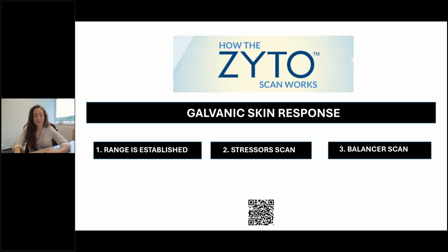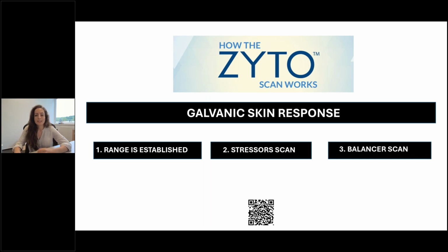Based on the observation, we can then show you a list of those products that your body is responding very positively to, or that your client's body is responding very positively to. And these are the products that are supposed to get rid of that energy stress that we now know thanks to the stressor scan, the step number 2.